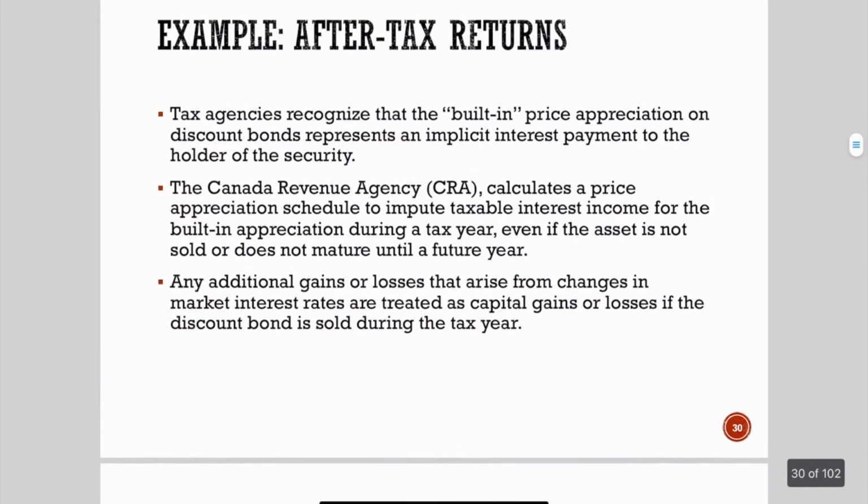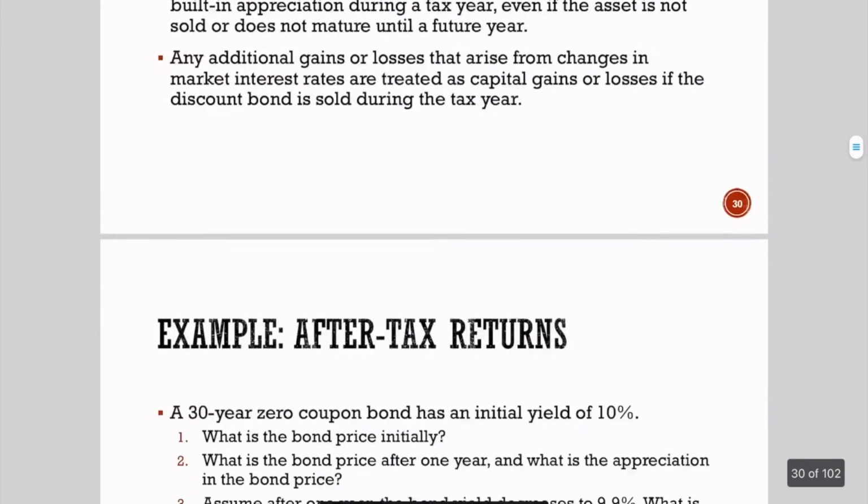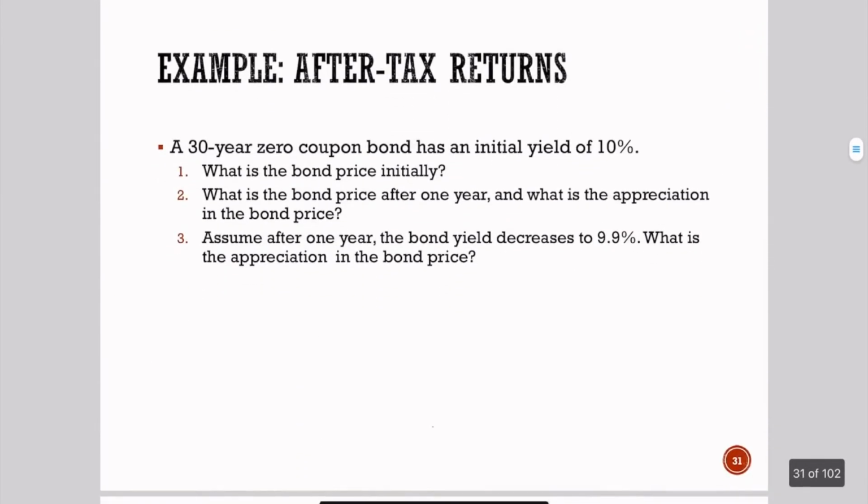Okay, so now let's look at this example. We basically have a 30-year zero coupon bond, and its initial yield was 10%. First question, what is the bond price in the beginning? Well, this is pretty easy, right? According to the bond pricing formula, P equals the discounted value of the par value.